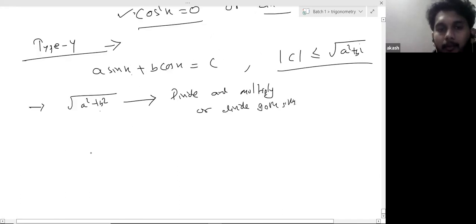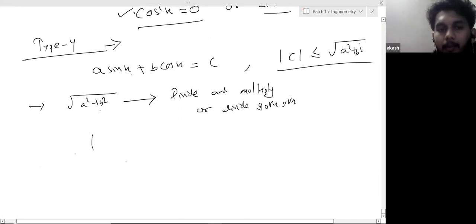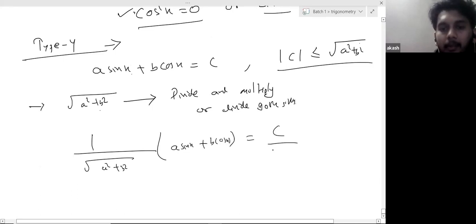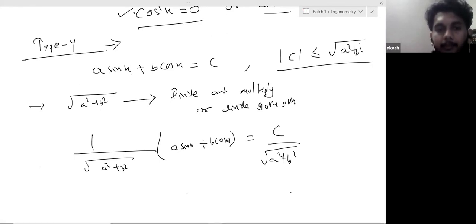So what you have to do is 1 upon under root a square plus b square into a sin x plus b cos x is equal to c upon under root a square plus b square. And you'll be able to solve the question. All right, note it down. I'll give you an example. Tell me when you're done.